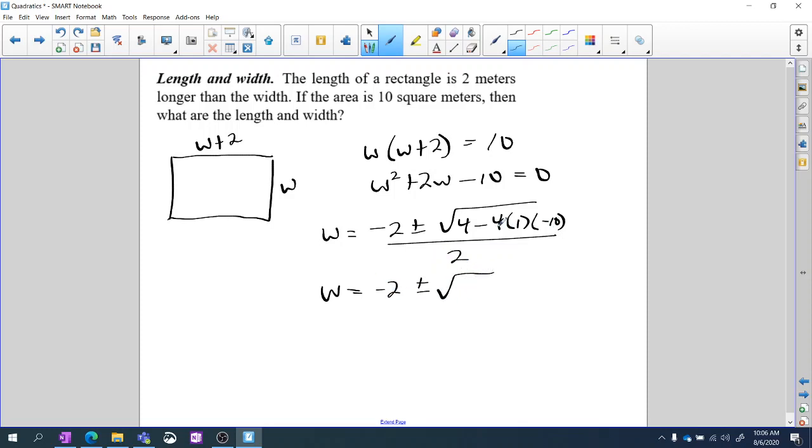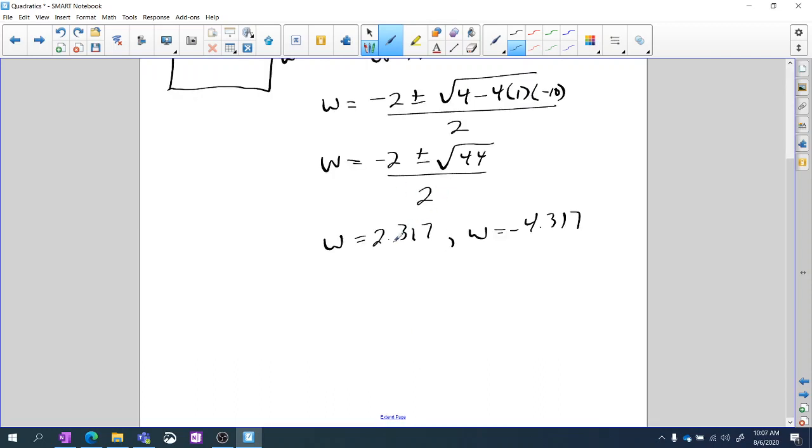This will be positive because of the 2 negatives here, so it's 44 over 2. All right, so let's see what I get for values here. After my calculations, I came up with W could be 2.317, or W could be -4.317.